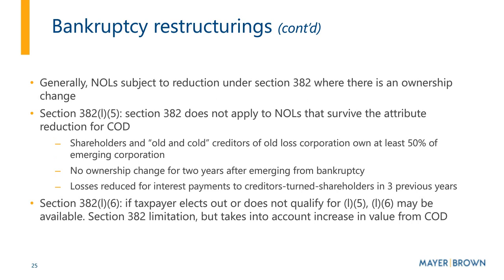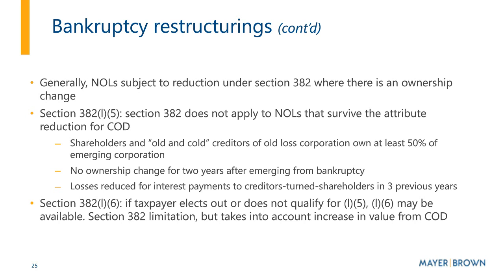Section 382 deals with limiting the use of net operating losses if there's an ownership change. A very, very complicated set of rules deal with ownership changes. You basically have to look at a rolling 3-year period, and you look to certain significant shareholders, and if more than 50 percentage points in that ownership has changed, the NOL is limited.